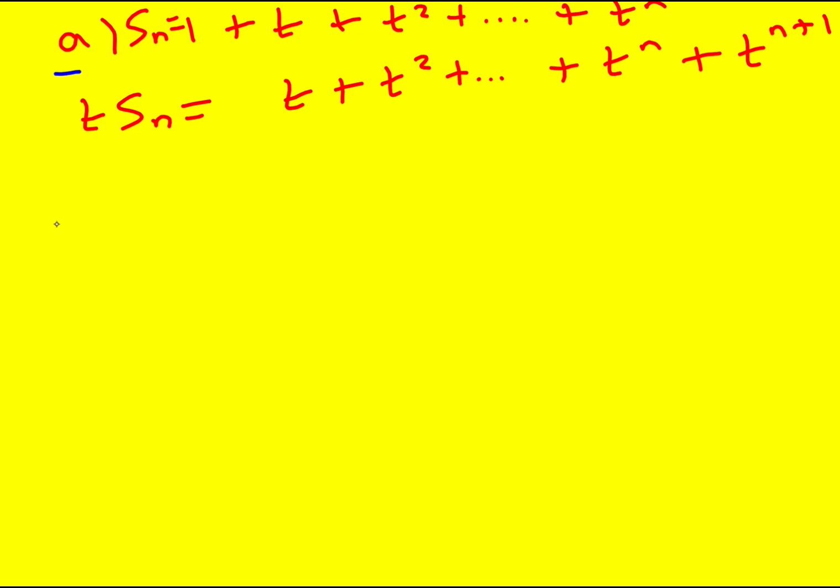So we're going to get Sn minus t Sn. Well, that can be written like this, Sn times 1 minus t. And then I'm going to subtract the right-hand sides as well. So I'm going to get 1, and then these cancel, these cancel, these cancel, minus t to the n plus 1.